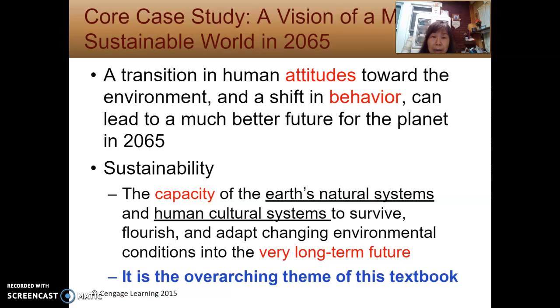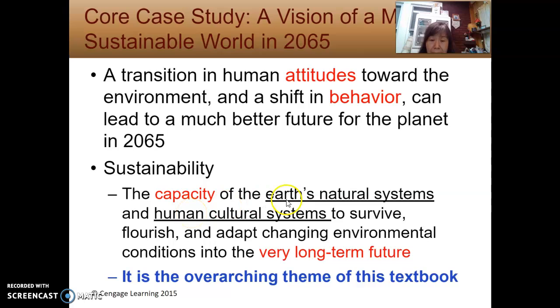In this core case study, it mentions a transition in human attitude and a shift in behavior to lead to a better future for the earth. One of the most important concepts for environmental science is sustainability.